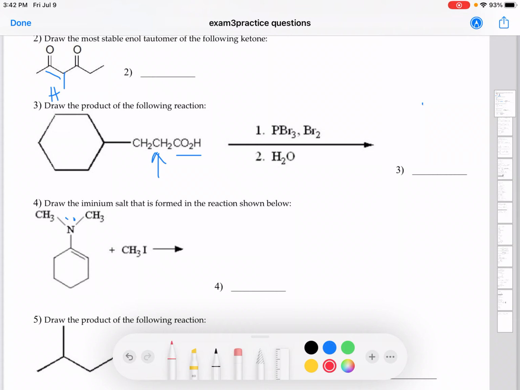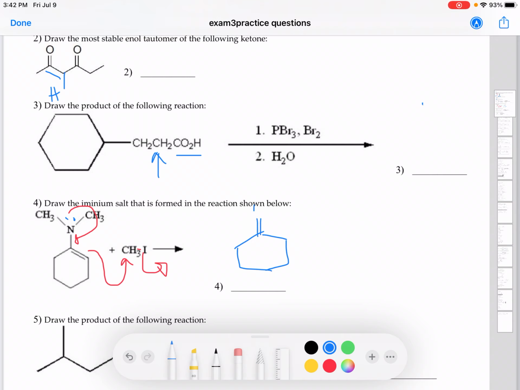So that is going to form a double bond right there. Then the double bond that you already have in the cyclohexene ring goes and attacks the methyl group and leaves the iodide group. So the resulting molecule would look like this.